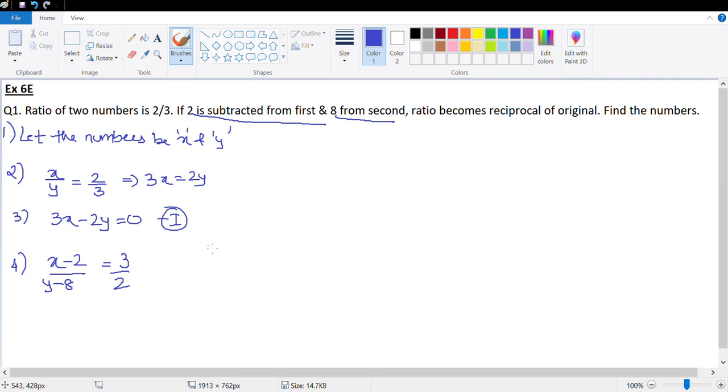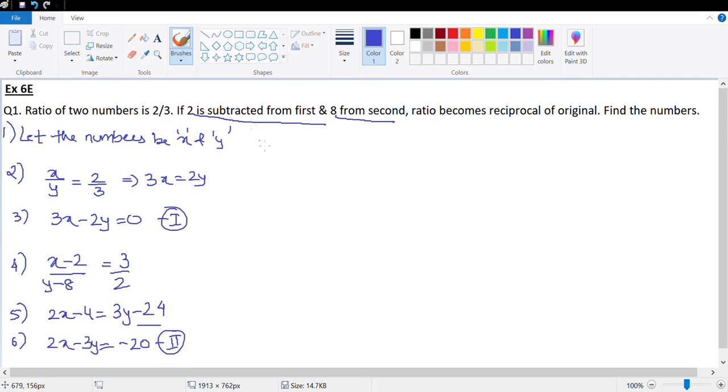Now let's cross multiply. So 2 multiplied with x minus 2, that's 2x minus 4. 3 multiplied with y minus 8, that's 3y minus 24. So this gives me 2x minus 3y is equal to negative 24 plus 4, that's negative 20.